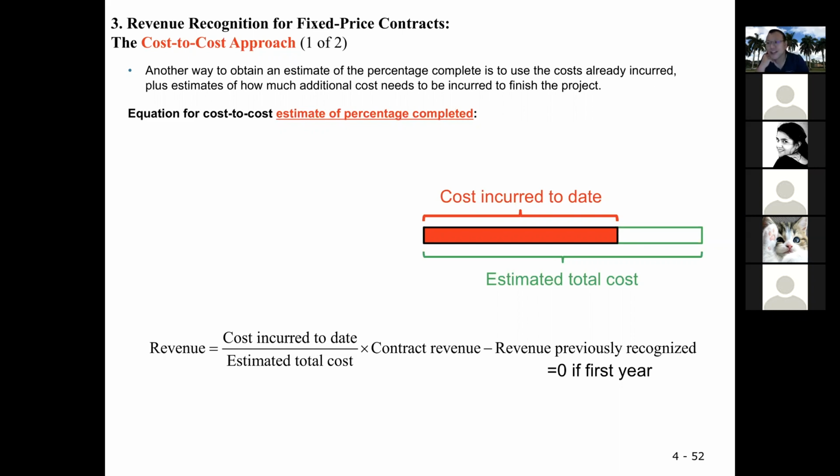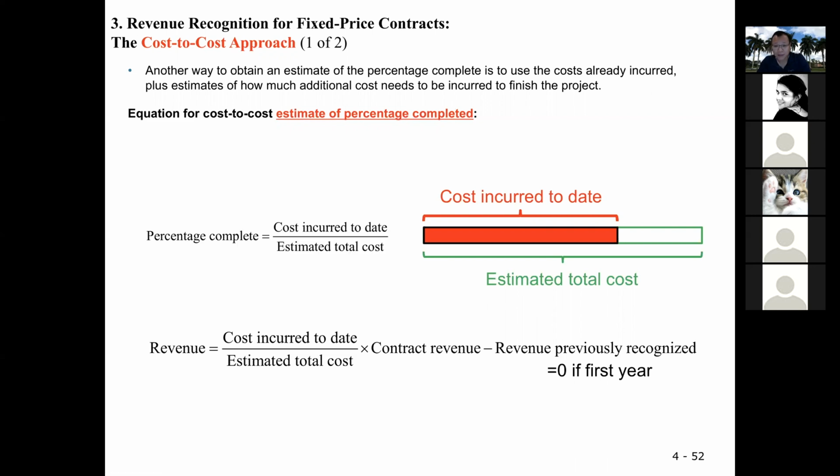Yes. Okay, good. So the revenue you should recognize up to this point is based on your progress, percentage of completion, times the contract revenue. So that's this formula. Okay, I will move on.